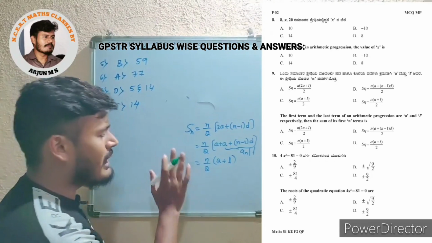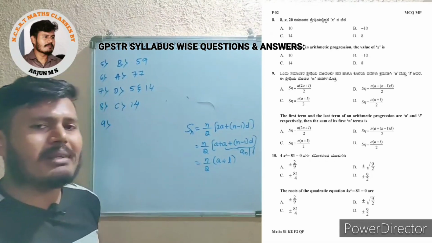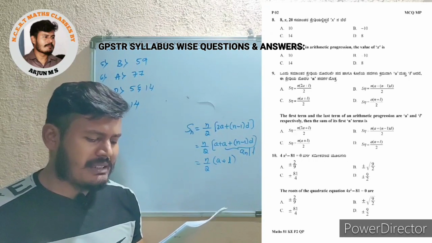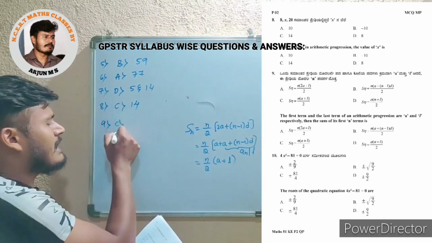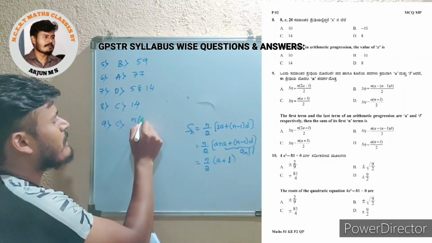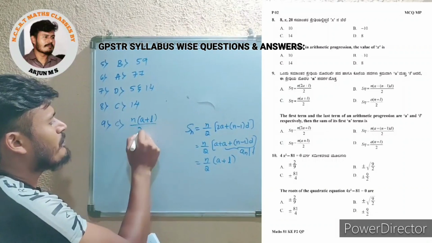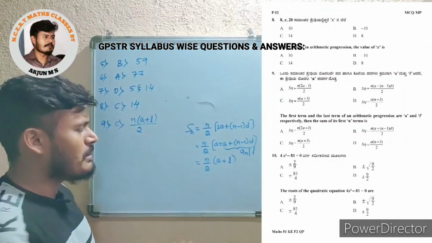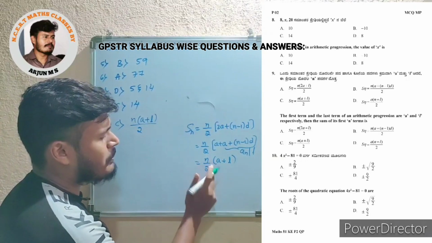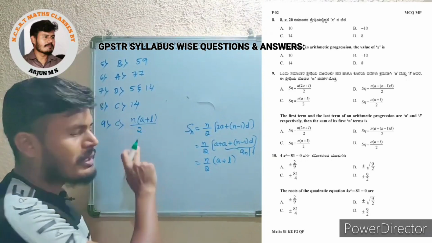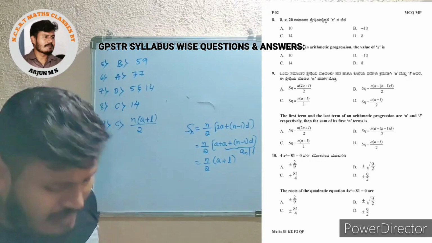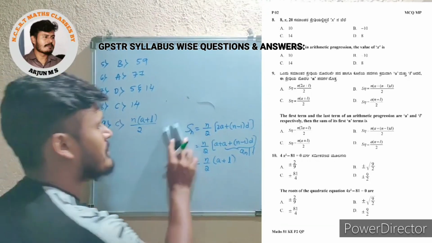Here the required formula is n/2 (a + l). You just observe which option is correct. That option is option C, n(a + l) / 2, right? So this is the correct answer because n/2 of (a + l) can be written as n(a + l) whole divided by 2. Both are the same, right? The remaining three options are wrong options.